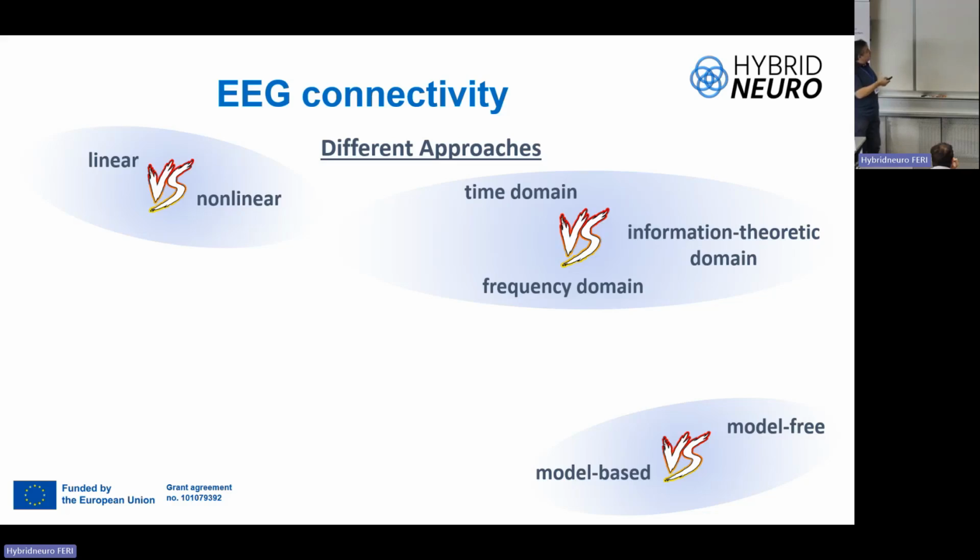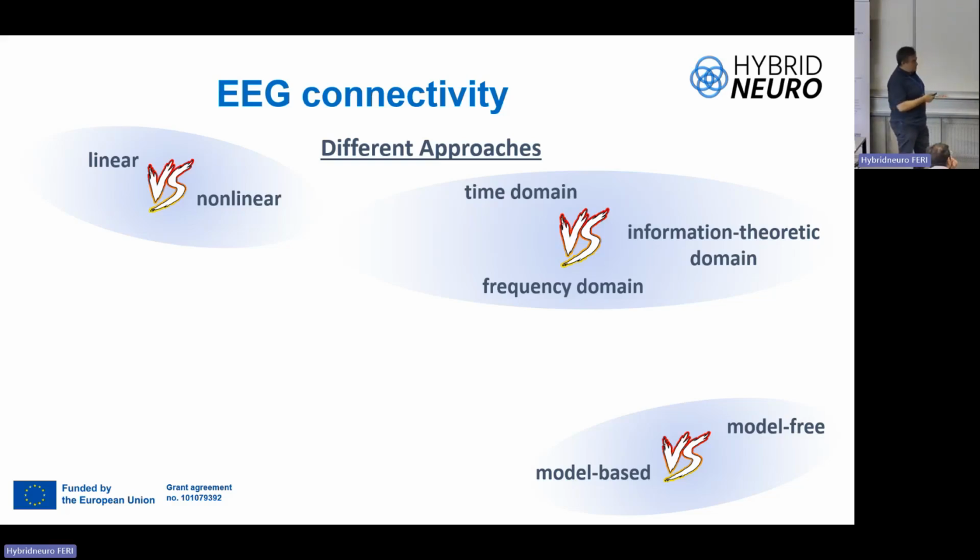But in these two channels, it's especially interesting in the frequency domain because the neurophysiologists have classified very well the different rhythms we mentioned before: delta, theta, alpha, beta, gamma. But there is also a third option, the information theory domain, more related to entropies, for example.